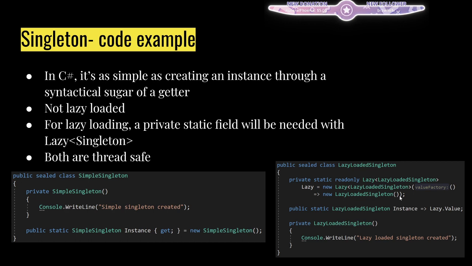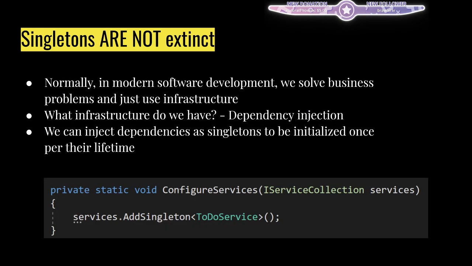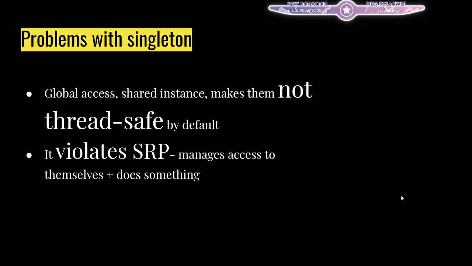And you will see a code example where you might think it's accessed once, but it's actually accessed multiple times. However, I just took a dump on Singleton with this slide, saying that it's not thread safe by default, so it's a risky implementation and it violates single responsibility principles.